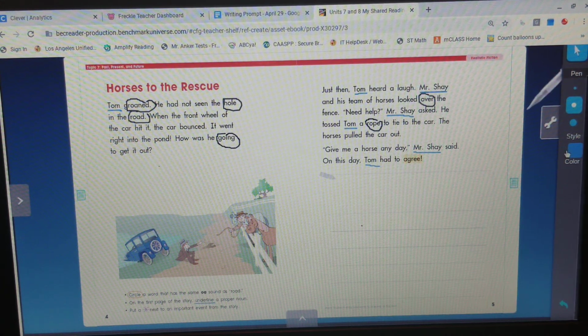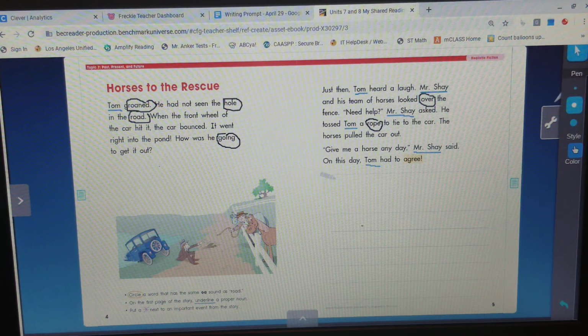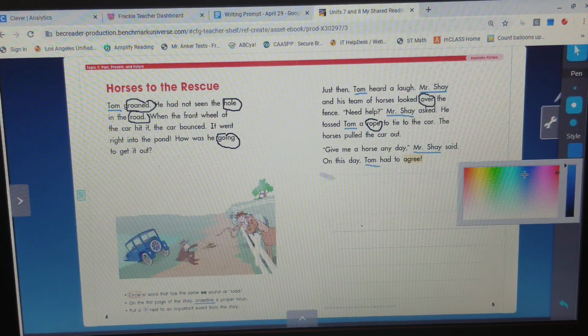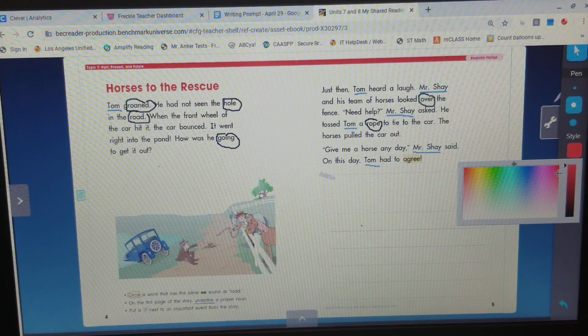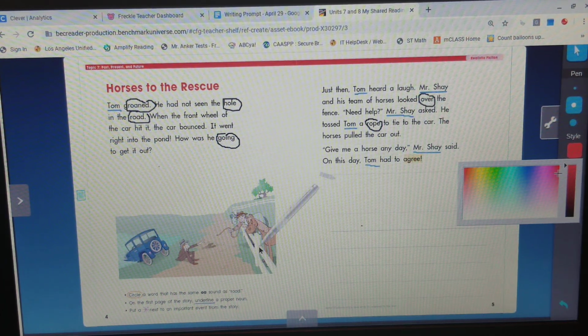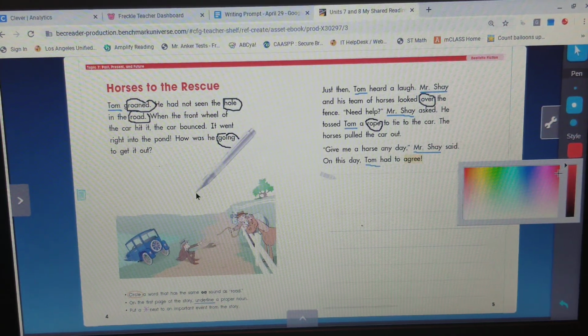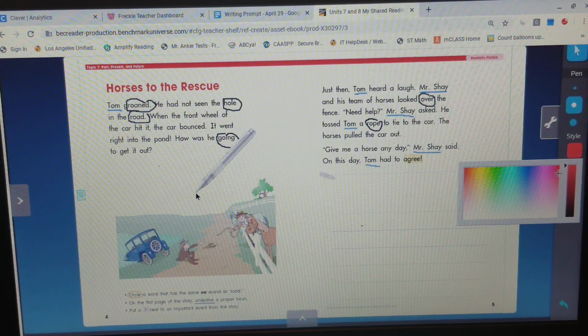This time, I'm going to add something to what we're being asked to do. I'm going to change the color because I want us to find some more nouns. Remember, a noun is a person, a place, or a thing.